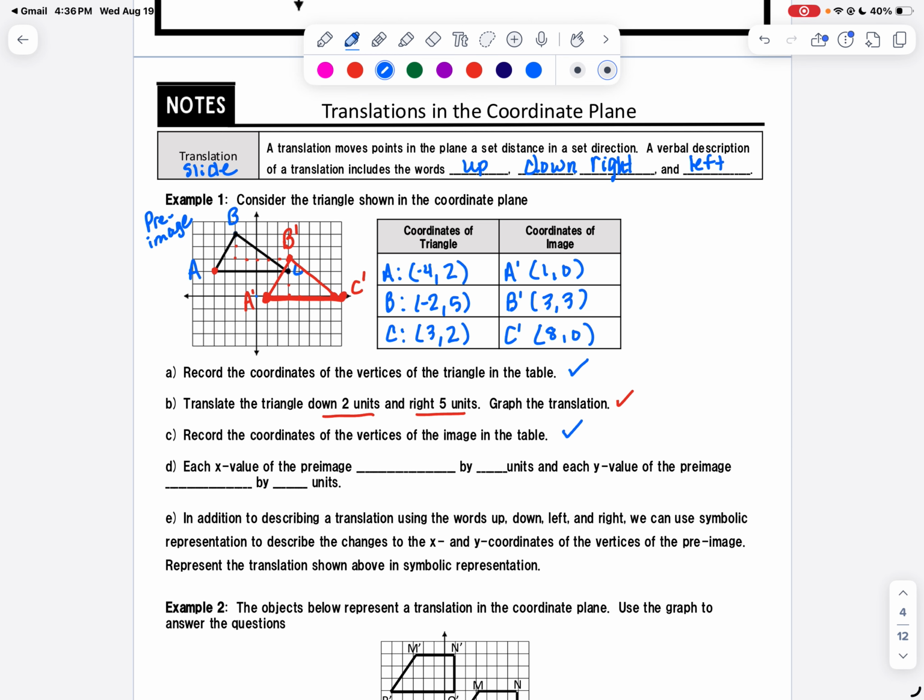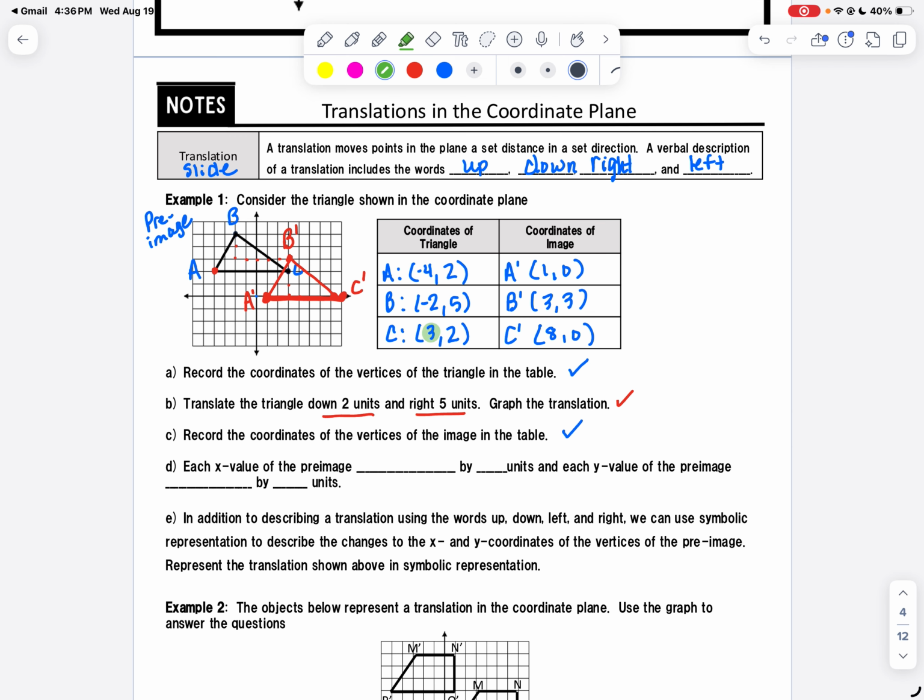We did part C. All right, in part D, it says each X value of the pre-image. How did it move? Now, what I want to do is I want to focus on problem C, because in point on vertices C and C prime, our numbers are all positive, so it's a little bit easier to see what's happening to the X values.